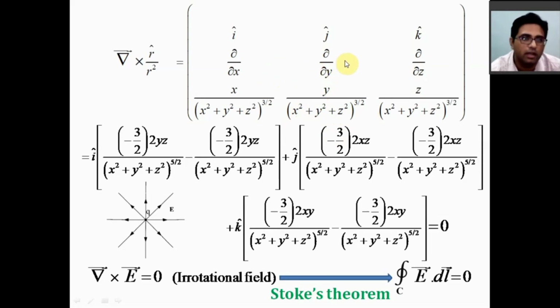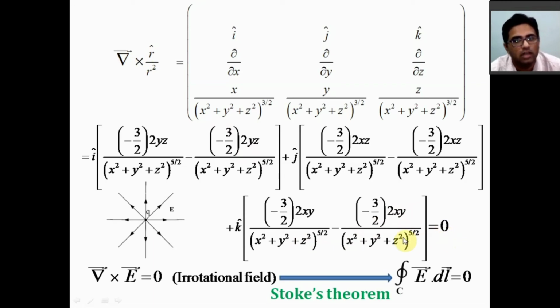When you operate del/del y on this, there will be minus 3 by 2, then 2y, so that's why it is minus 3 by 2 times 2yz. Similarly here also, and if we do it for the other components, we will get these two terms. Now you can see this term and this term will cancel, here also this term and this term will cancel, and here this term and this term will cancel, and we will get the curl of r cap by r square like this, right?